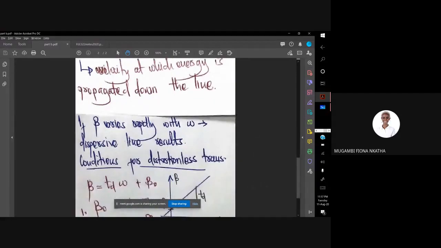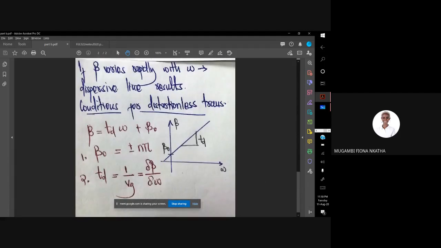This is the velocity at which energy is propagated down the line. Are we good up to that? This is just FYI because I wanted to cover everything on distortionless transmission. When beta varies rapidly with omega, a dispersive line results, so it has a lot of distortion. There are two conditions for distortionless transmission.